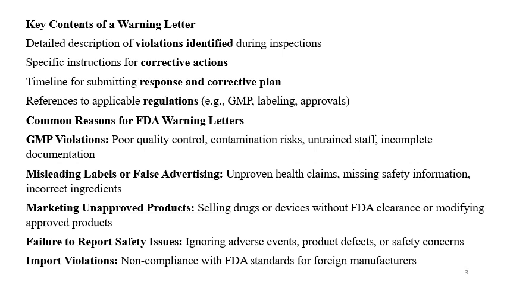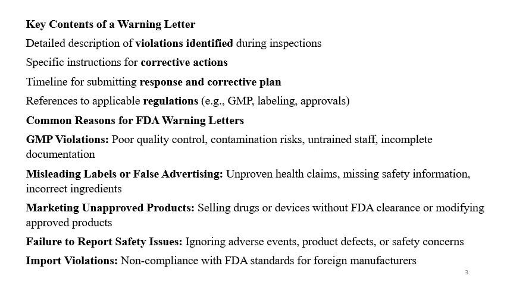GMP violations: poor quality control, contamination risk, cross contamination risk, untrained staff, failure to maintain the training records, incomplete documentation. Data integrity is one of the most important reasons. Then unproven health claims, sometimes for some of the combination formulations.